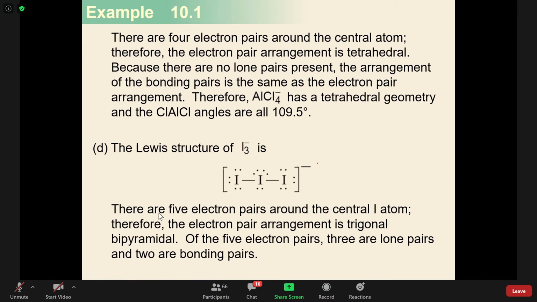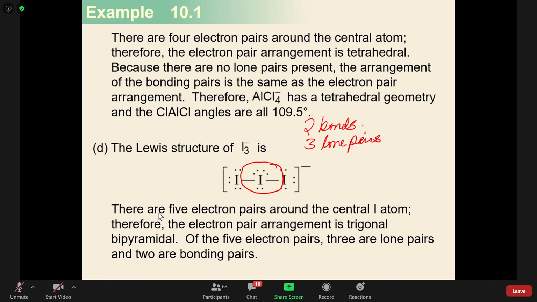So what about this molecule? If we were to draw a Lewis structure, notice iodine is one of those things that can have an expanded octet. But the bottom line is, what does this iodine have around it in total? It has 2 bonds and 3 lone pairs.